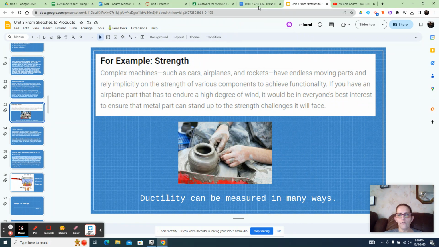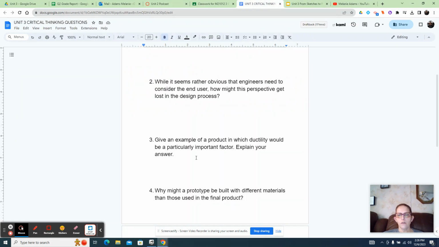being how it fractures. So an example of a product in which ductility would be particularly important. So a coffee mug, or something I 3D printed, or something made of metal that's going to fracture if I put it in the freezer. Or why would that product be a problem for my clients?